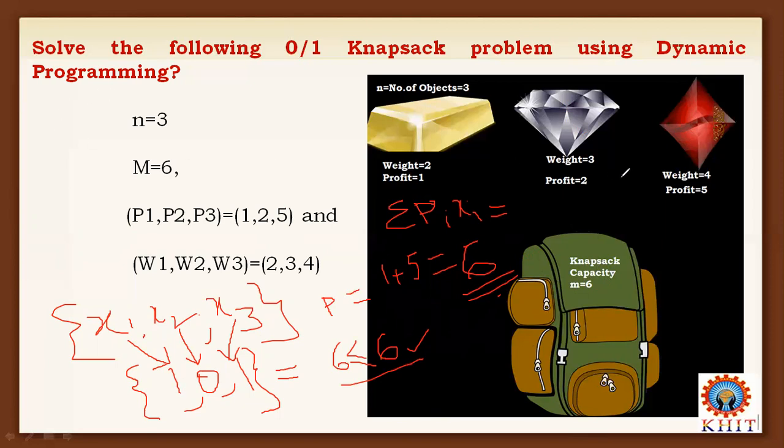The best real-time example for the 0/1 knapsack problem is a robbery story. A thief planning to rob an ATM machine or banking sector can identify some number of gold items, some diamond items, and some other items, and he has to carry an empty bag with him. Why?